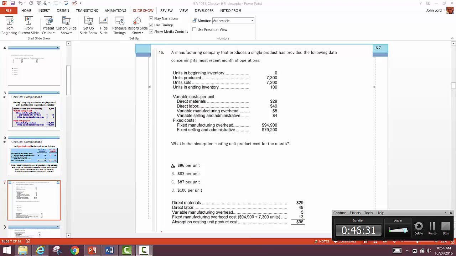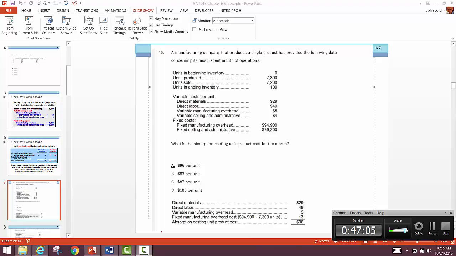Which is what my cost of goods sold is. That leaves me a balance of what in my finished goods? $8,300. So I have this $8,300 sitting there in my finished goods.